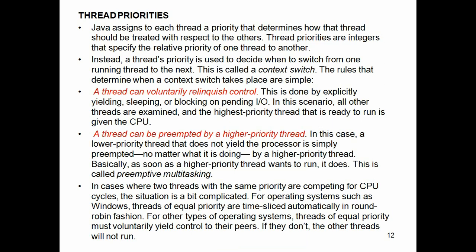Then thread priorities. Java assigns to each thread a priority that determines how that thread should be treated with respect to the others. Thread priorities are simply integers that specify the relative priority of one thread to another. By using thread priorities, we can execute the thread that has the highest priority.